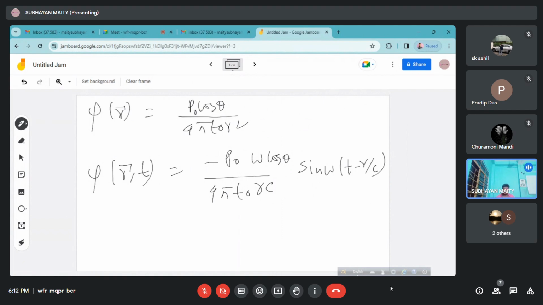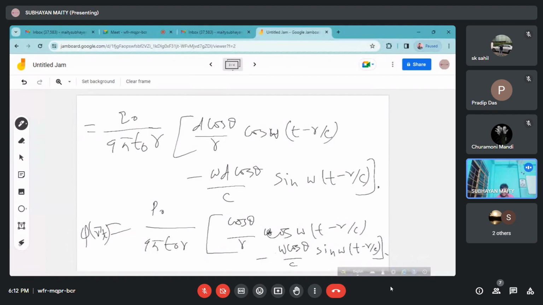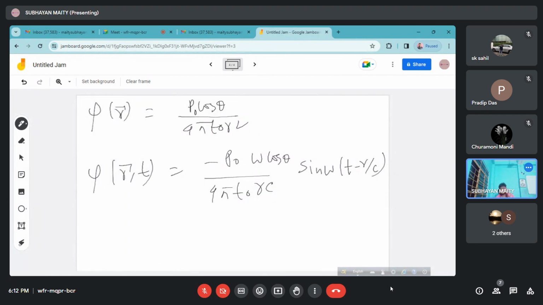So this is the expression of phi(r,t), the electric scalar potential in this case. Check the last term, is it okay? Minus p naught omega cos theta by 4 pi epsilon naught r c and sin omega t minus r by c. Okay, so this is the electric scalar potential.